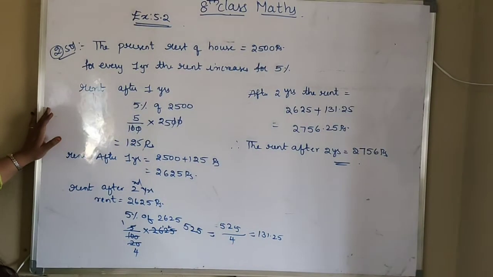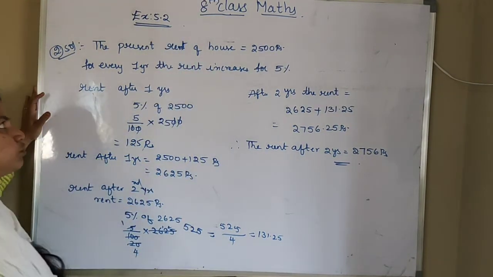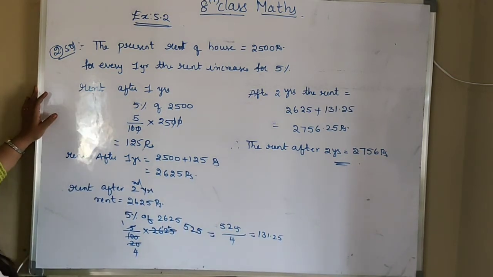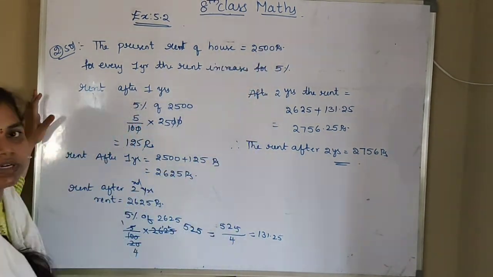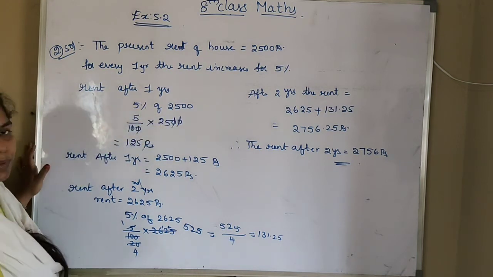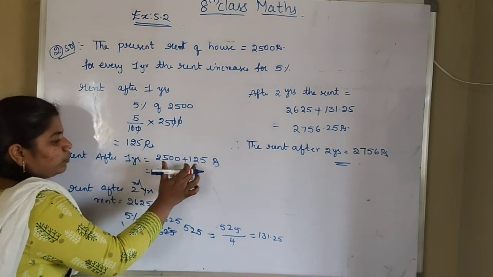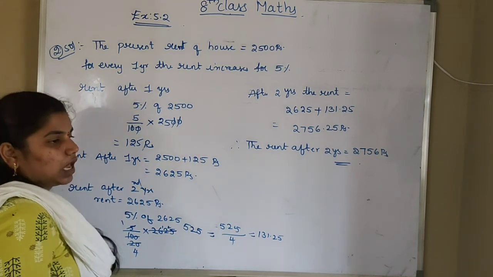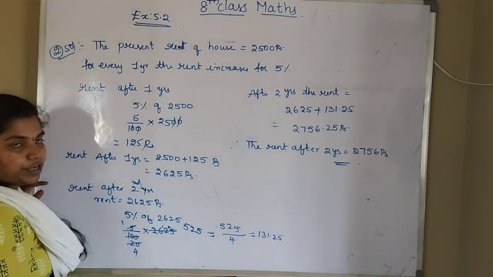So what is that? The present rent of the house is 2500. After 1 year it has been increased by 5%. So what is 5% of 2500 we are finding first. That is 125 rupees. So after 1 year, what is the rent? 2500 plus 125 will be equal to 2625 rupees. Now we are finding for the second year. Now what is the rent? 2625.